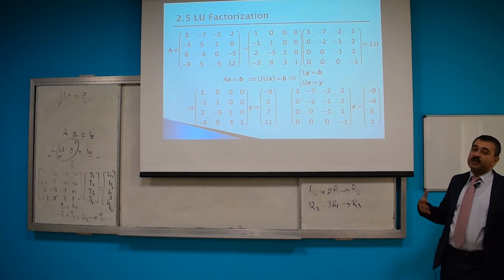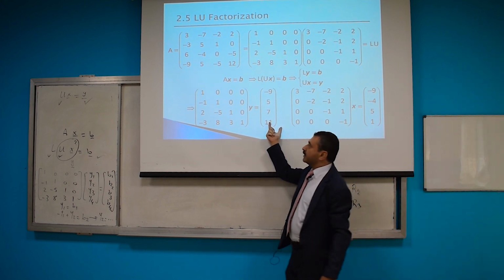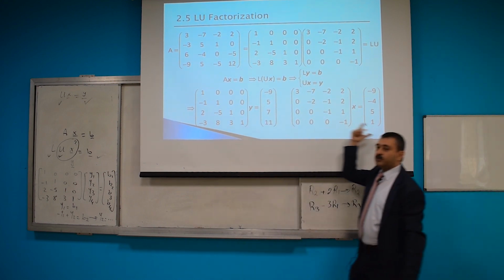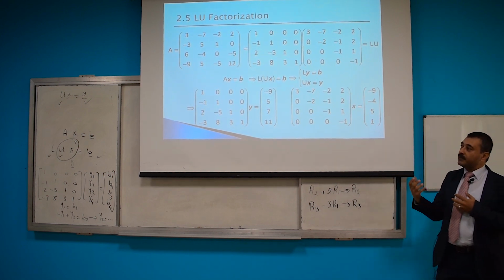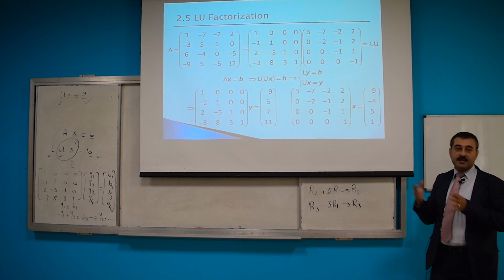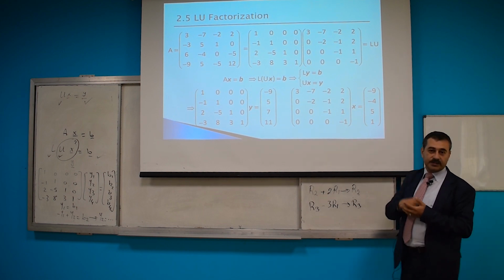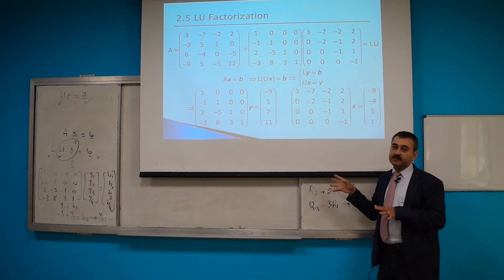So every time you get a new B, you just put your B here, get Y, and here to get X. The effort for backward substitution and forward substitution is less than the effort of the reduction. So this is the reason for doing so.